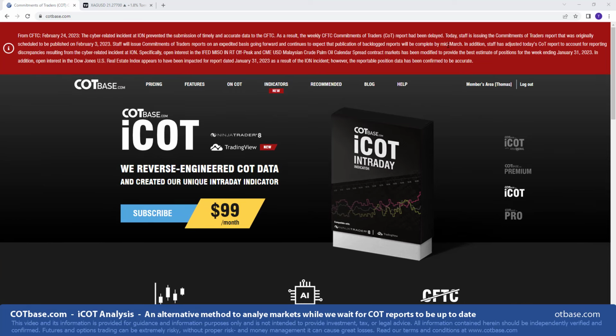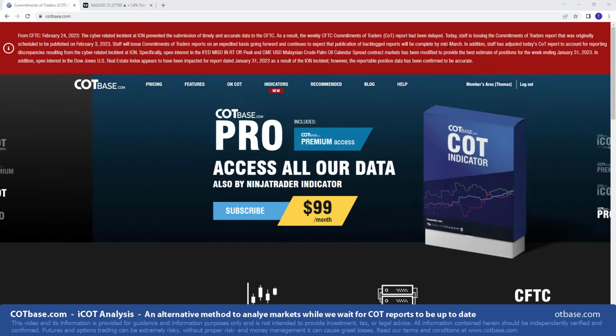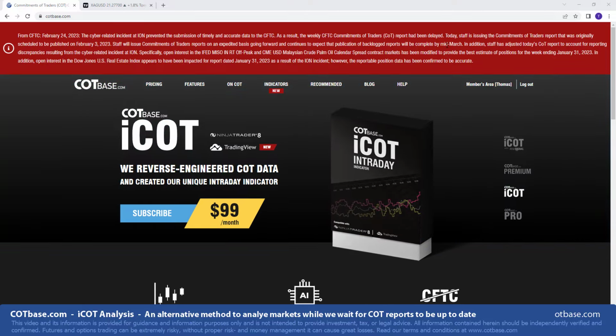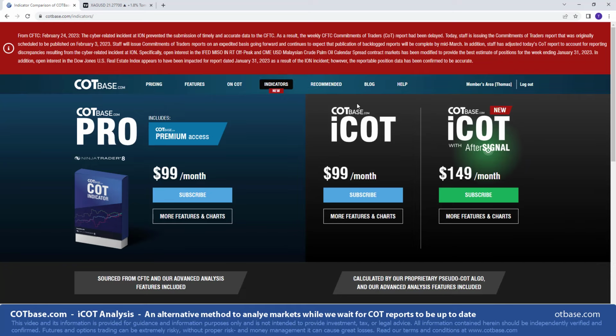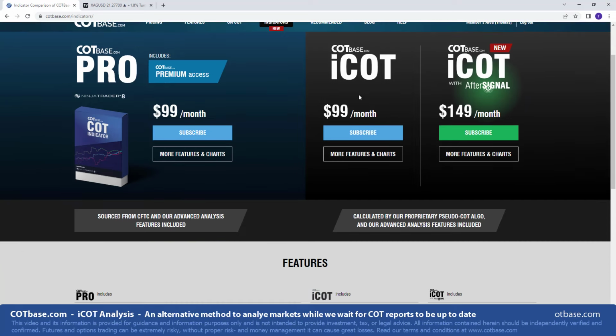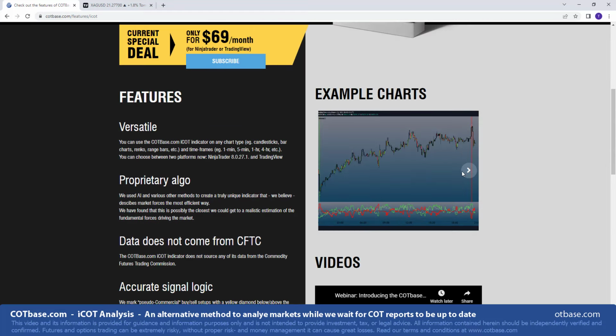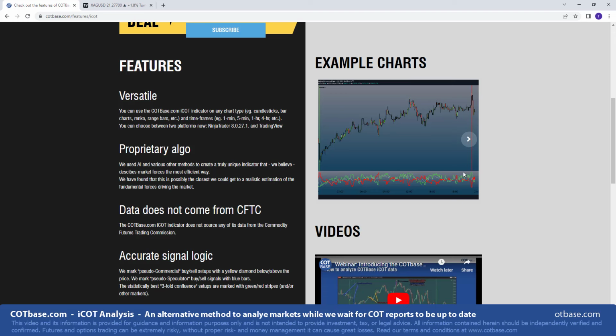It is not using the direct COT data the CFTC publishes, but the basis of the indicator was put together following the concepts of classic COT analysis.